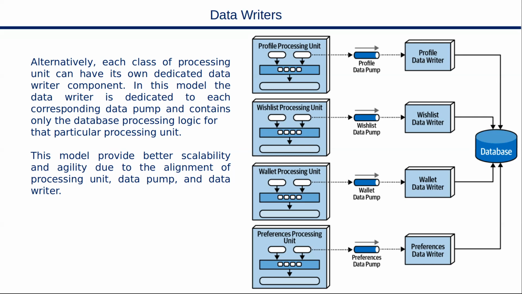This model provides better scalability and agility due to the alignment of processing units, data pump, and data writers. So in this approach, scalability will be bigger, and the data writer will not be the bottleneck, but the database can be the bottleneck. So this is also a trade-off. But anyway, the communication is done in an asynchronous way.